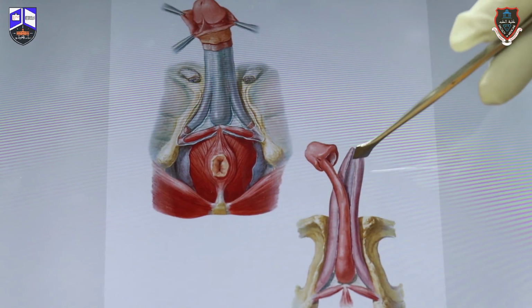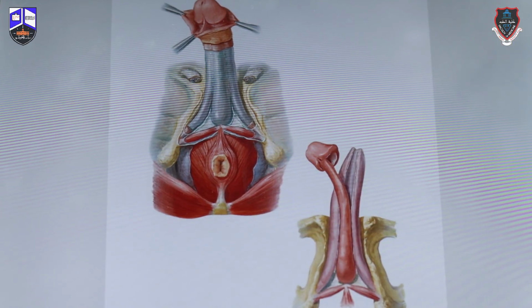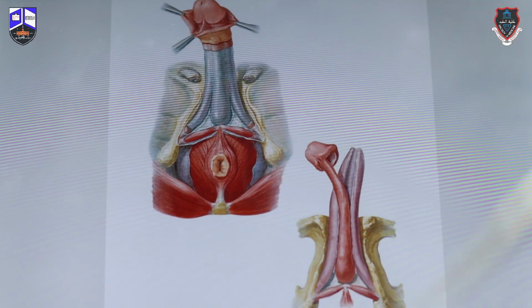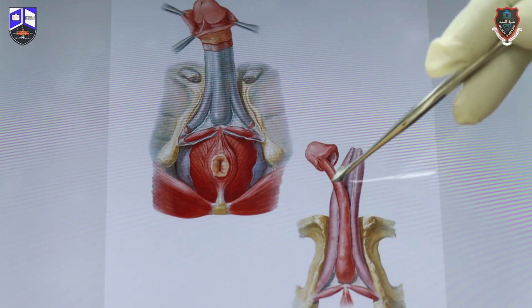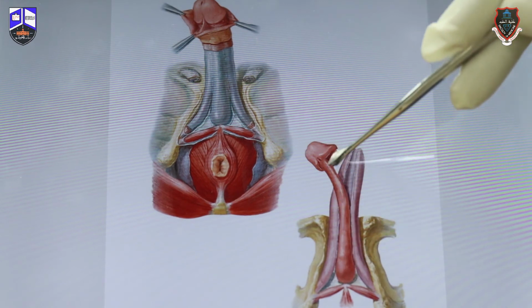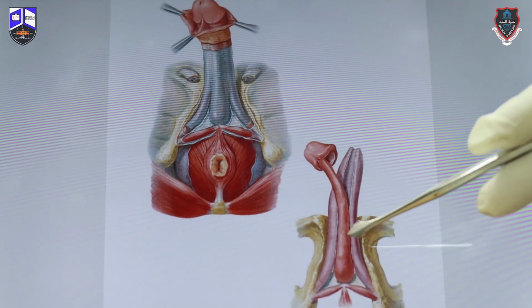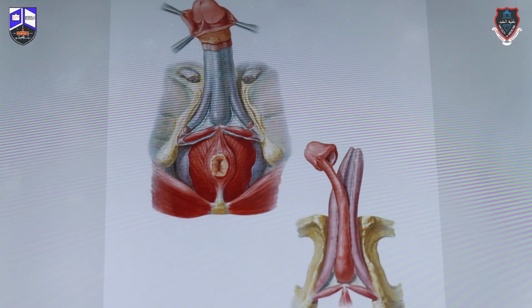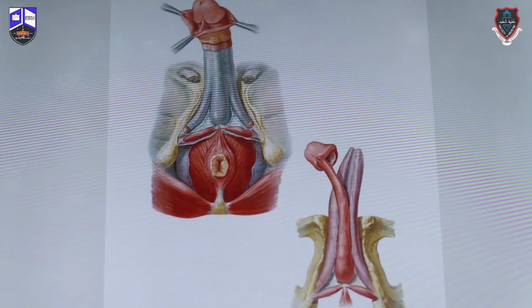This is the corpora cavernosa, and this is the corpus spongiosum. The corpus spongiosum has a distal dilated part called the glans penis, and the penile urethra traverses the whole length of the corpus spongiosum. The two corpora cavernosa are found dorsally on the penis, and the corpus spongiosum is found ventrally.